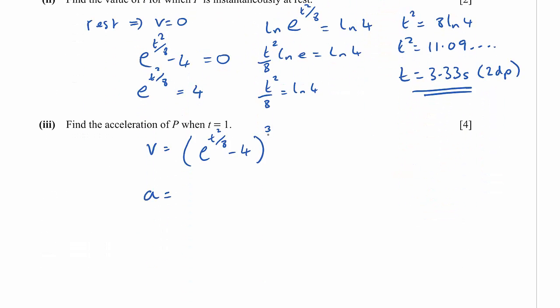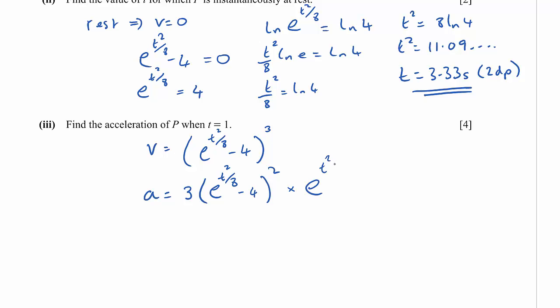For acceleration we need to differentiate that. So the outside function is the cube, so we've got 3 e to the t squared over 8 take away 4 squared. But remember the chain rule, we now need to multiply by the differential of the inside.